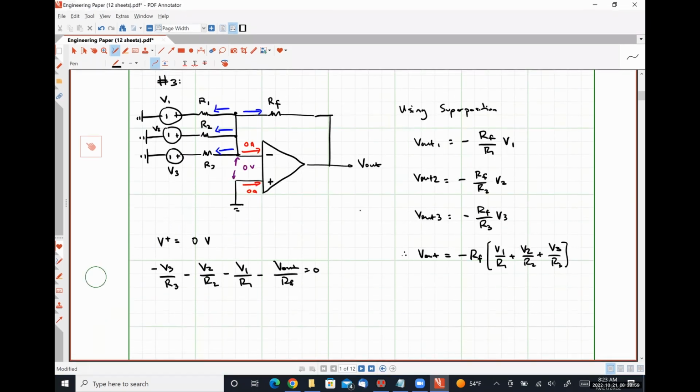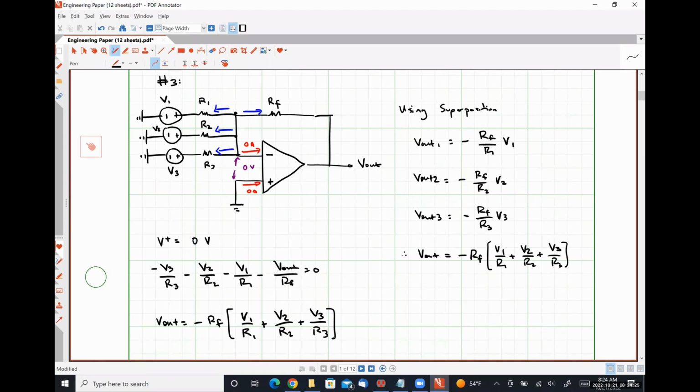And then algebraically, we would find V out is equal to negative RF times V1 over R1 plus V2 over R2 plus V3 over R3 like we did earlier, or we would have earlier if I hadn't made a simple mistake that Andrew was nice enough to point out. So thank you very much for that.